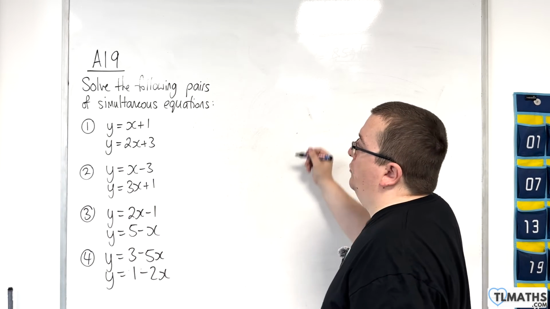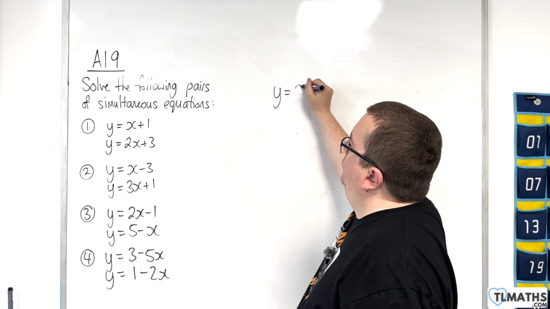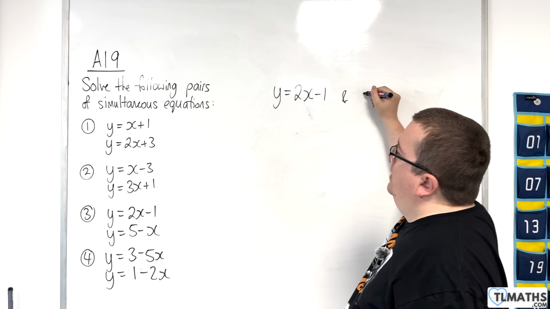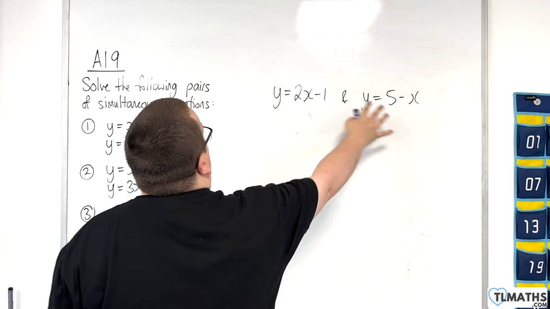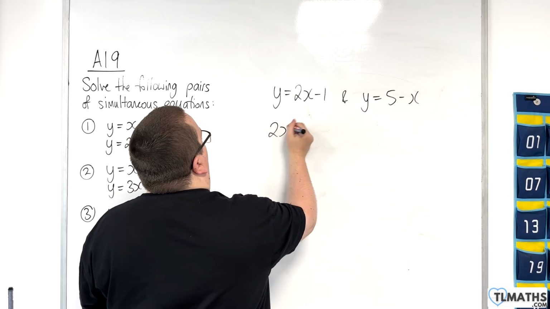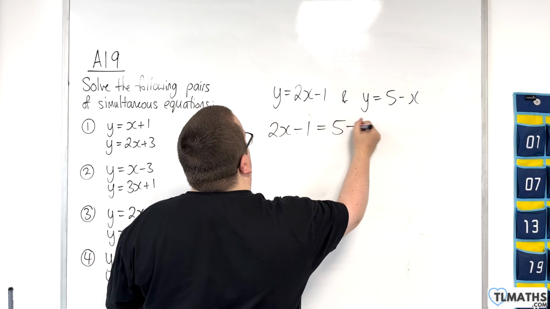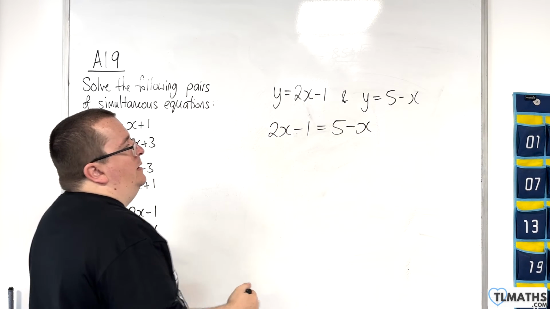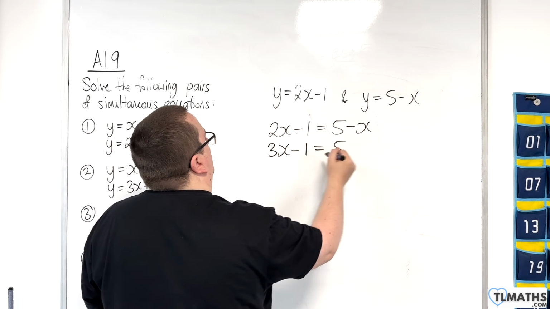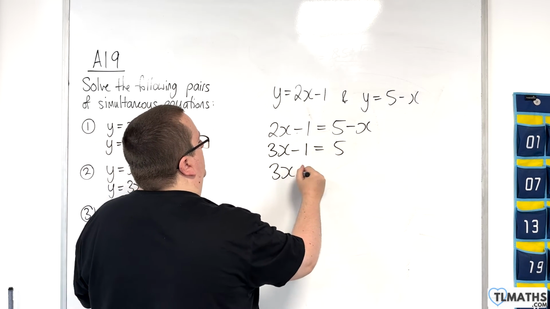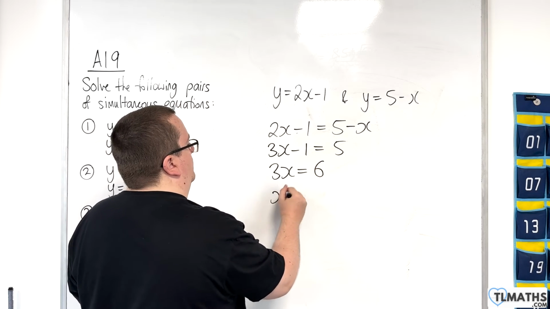So, number 3, we have y is equal to 2x take away 1 and y is equal to 5 take away x. Now they're both y equals, so we'll put one equal to the other. Let's add the x to both sides. We'll add 1 to both sides and then divide through by 3.